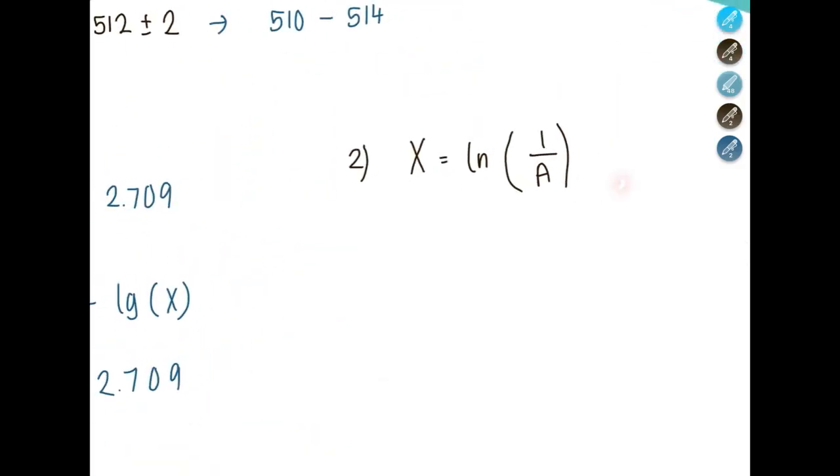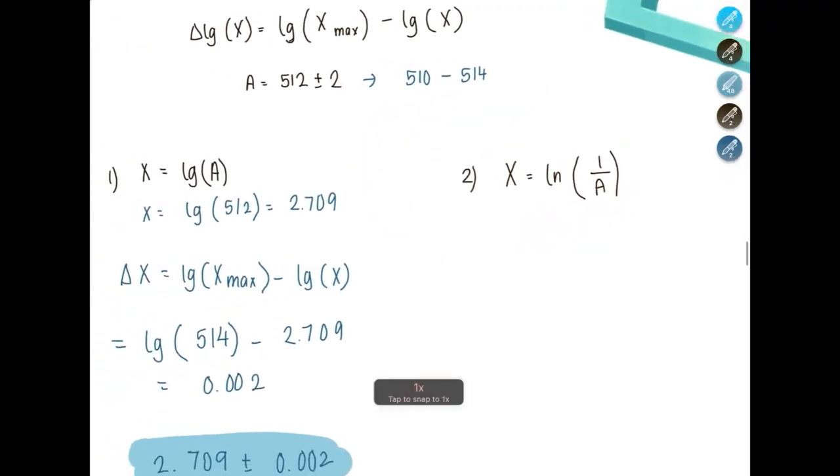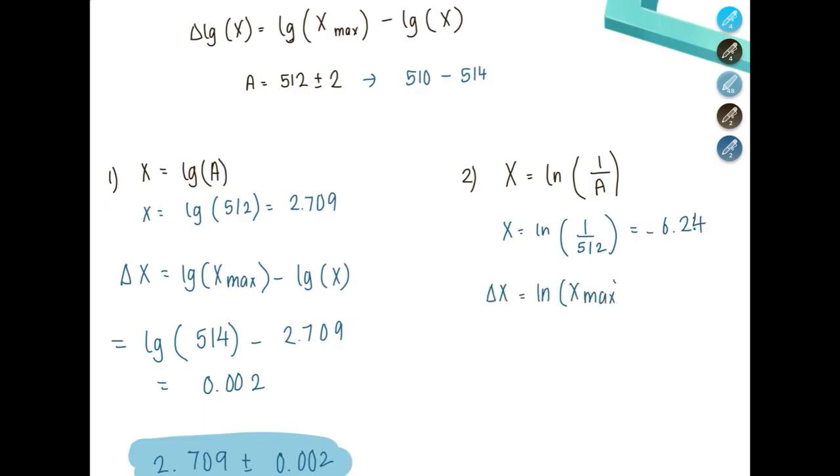x equals natural log 1 over a. Let's find the value for natural log 1 over a. So x equals ln 1 divided by 512. That will be negative 6.238. Delta x equals ln x max minus ln of x, right? So in order to get the maximum value, you need to have a small value in the denominator, right?